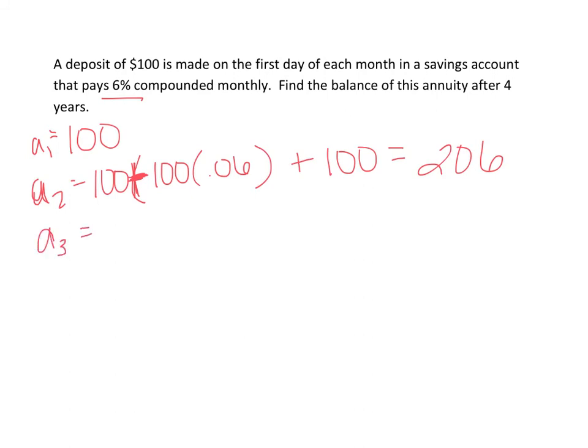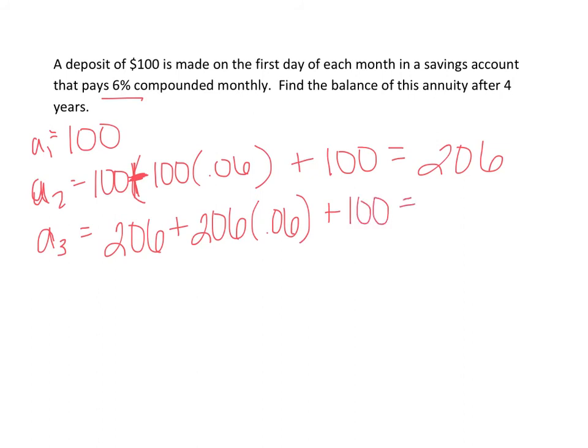A sub 3 means I'm taking 206, adding on 206 times 0.06, and depositing another 100.